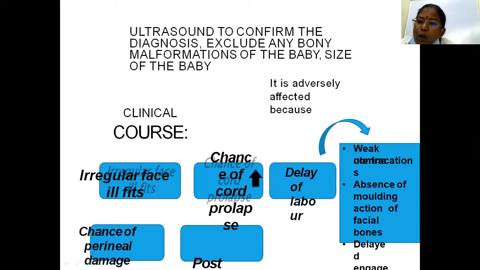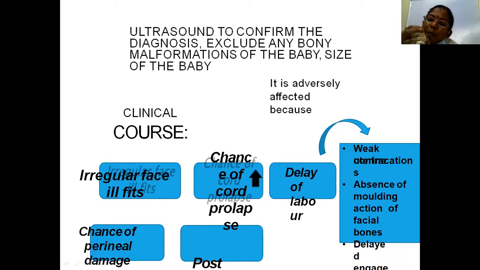The clinical course in face presentation is usually adversely affected. It is not as smooth as that of the cephalic presentation. Why is it not like that in cephalic presentation? Because there are various structures in the face.